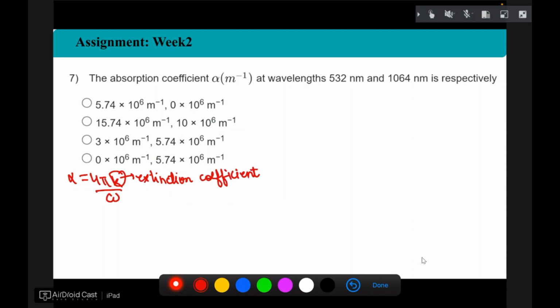In this case, we are not provided the extinction coefficient. So how can we solve this question? Again, we will consider the plot and we will see that for 1064 nanometers, we are far from our resonant frequency.